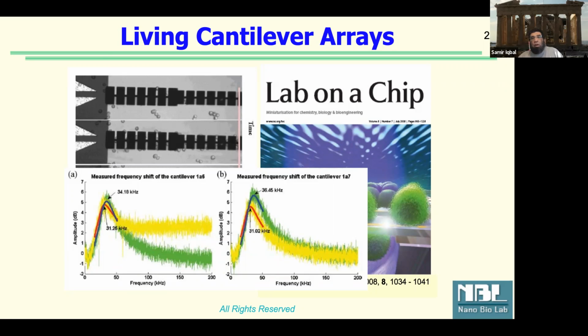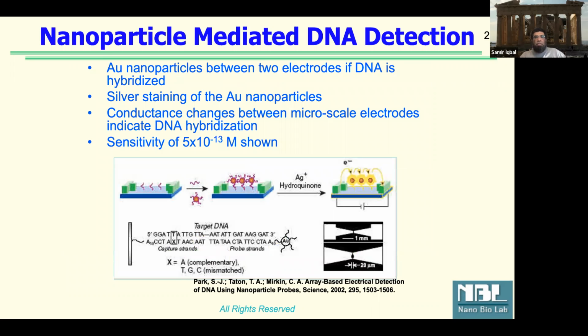There's work done by measuring the electrical current between two electrodes. So what's happening here is that they have two electrodes, right? If you short the electrodes, you would get Ohm's law, right? Voltage versus current. But you have made open electrodes, and then you put the molecules in between, selective molecules that are supposed to bind to the target molecule.